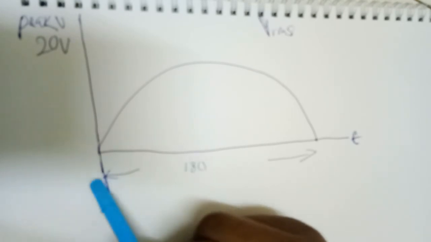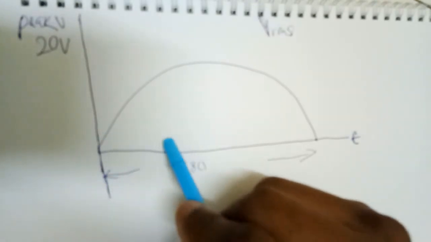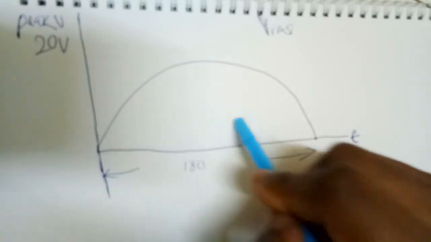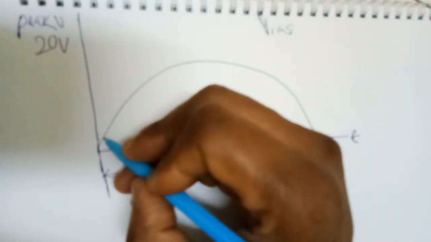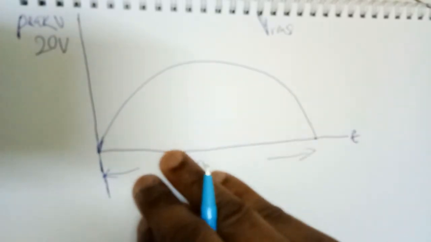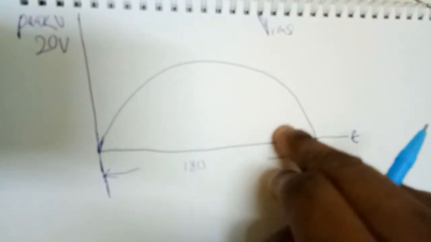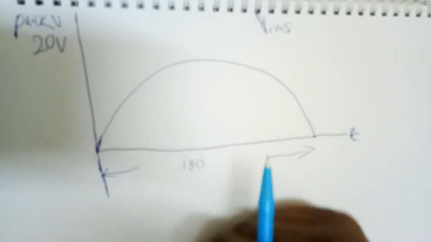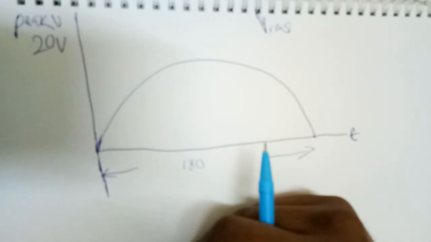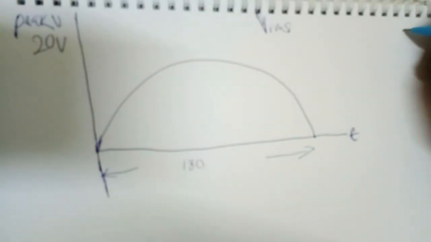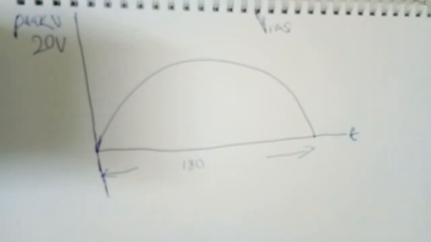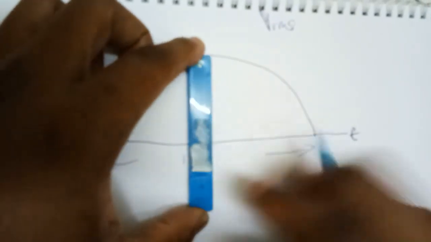So what we do is divide this into the number of equal parts we want. Let's say we want to divide this semicircle into 10 equal parts.